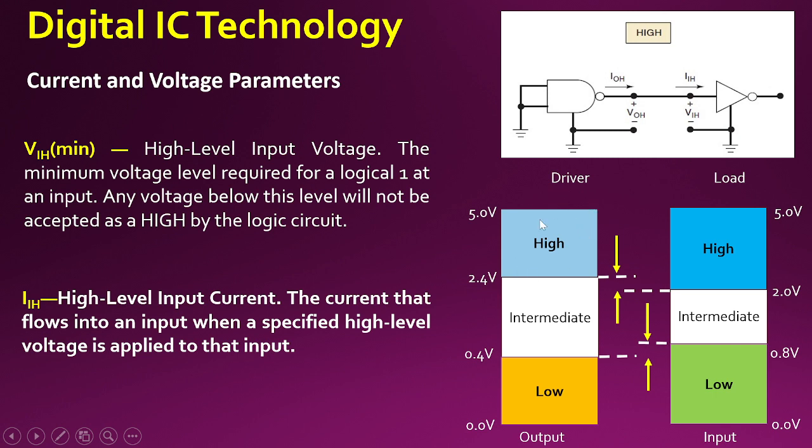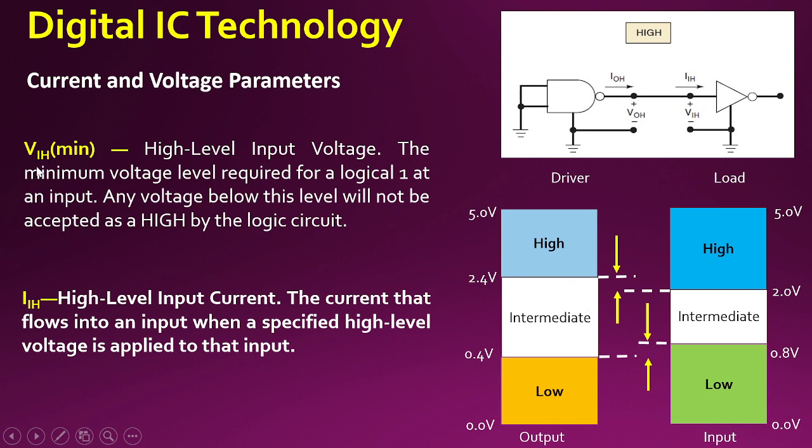So let's have a look at the voltage profile. Here you can see when we consider the output, we have a high when it is between 2.4 to 5. So in this case we can have a few terminologies which can be used here.